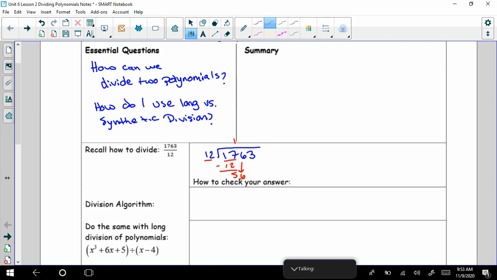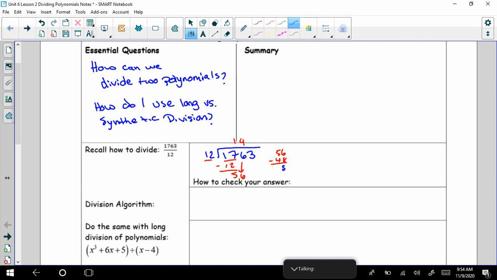12 goes into 56 4 times. We multiply that, so we get 56 minus 48. We subtract down, and then we keep repeating this process until this polynomial or this number is completely divided out.